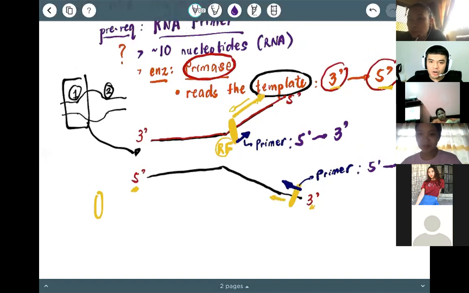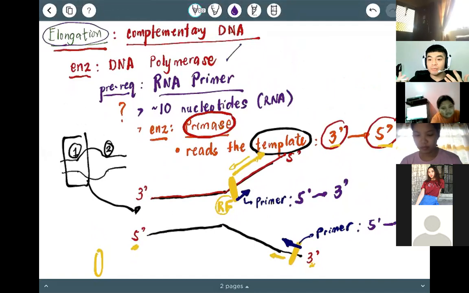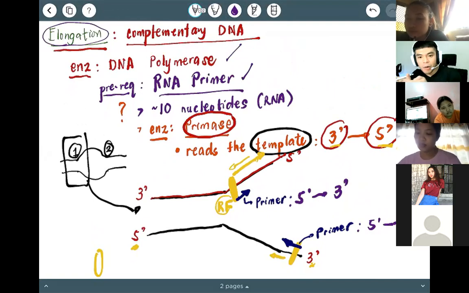So recall tayo bago mag-continue. Ang responsible for elongation ay DNA polymerase. Pero ang kwento natin dito, it cannot act muna kasi kailangan niya ng prerequisite, and that is the presence of the RNA primer. Ang RNA primer ay maikling segment lang ng RNA, 10 pirasong nucleotides lang ito, na ang gagawa ay ang primase enzyme. Paano gumagalaw ang primase?